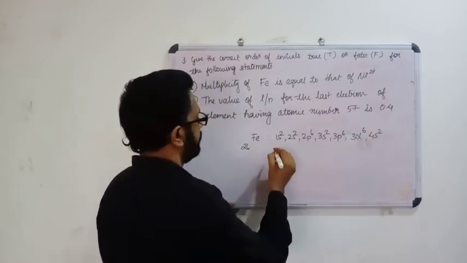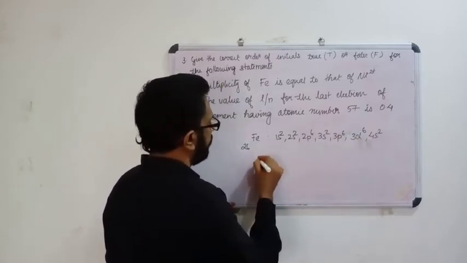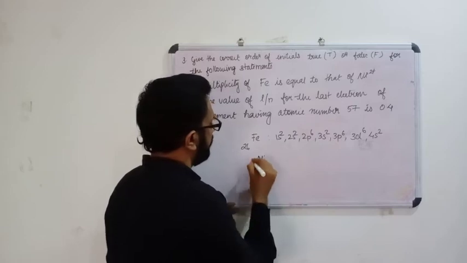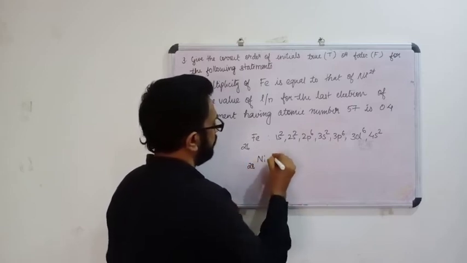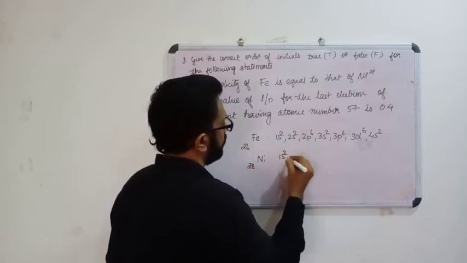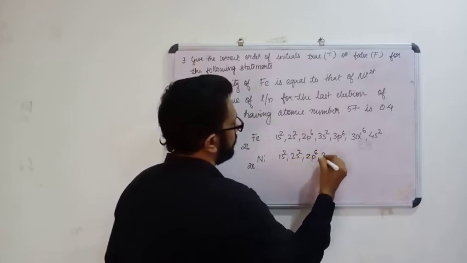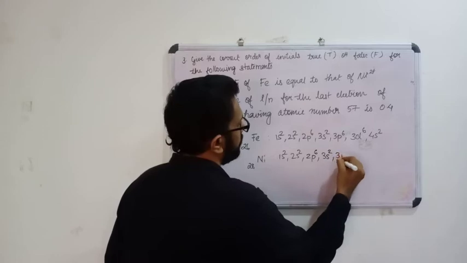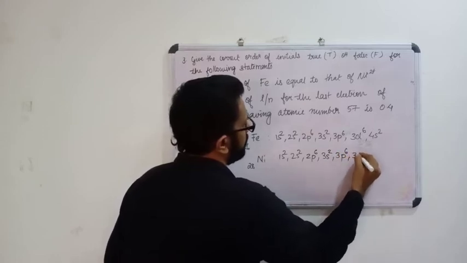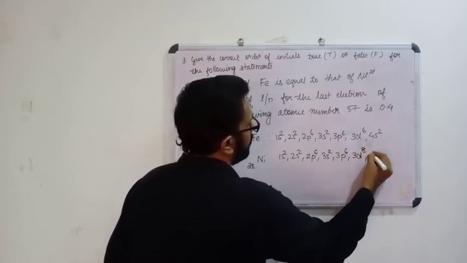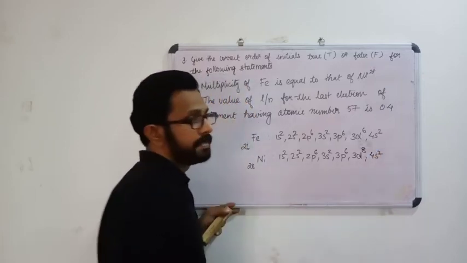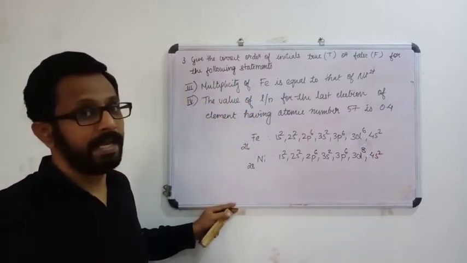Now we are going for the configuration of nickel. Nickel atomic number 28: 1s2, 2s2, 2p6, 3s2, 3p6, 3d8, 4s2. This is the configuration of nickel at ground state.